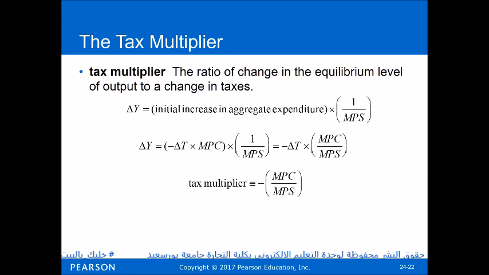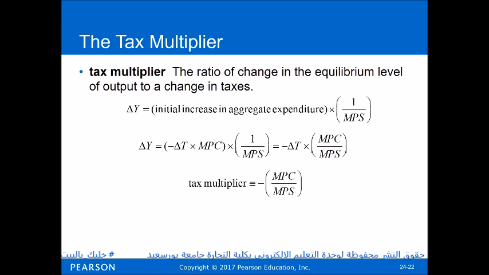To calculate the change in the level of before tax output or income when we have a change in government spending, or G, we use the equation delta Y equals the initial increase in aggregate expenditure multiplied by 1 divided by MPS, or the marginal propensity to save.